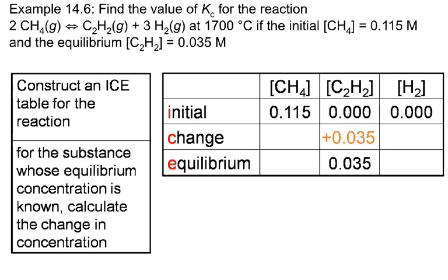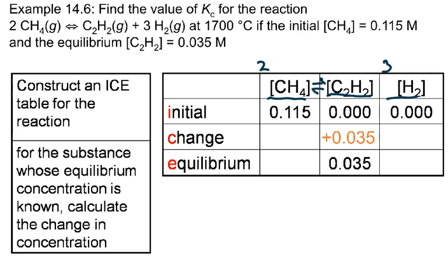So an ICE table in the top here has all of our reactants and products. You might want to draw the equilibrium arrow and put the coefficients so that you remember what they are. If I'm writing this not in a table form, I will often just write the equation at the top there.